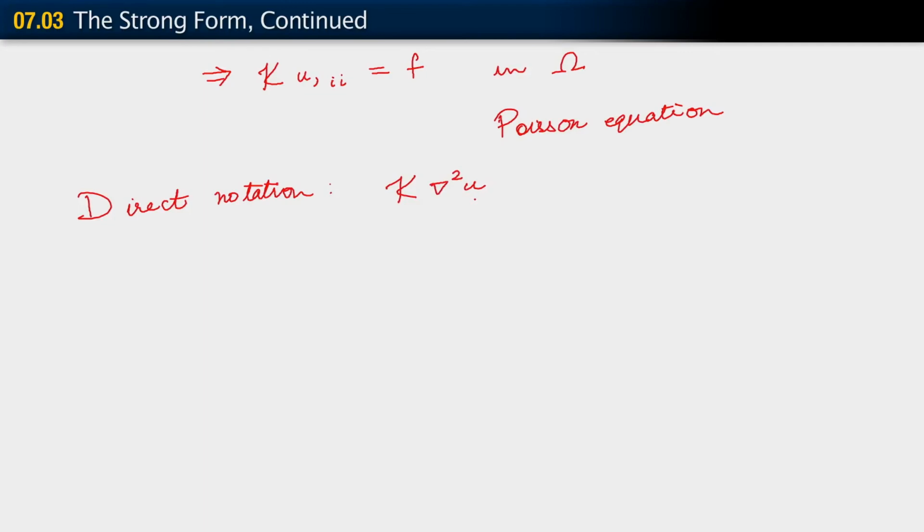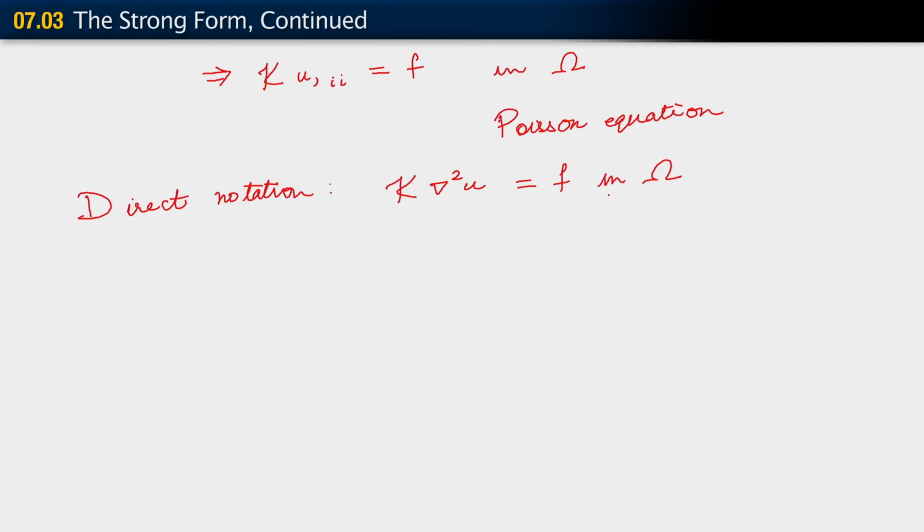But note that I do not have an underbar on the del square, implying that it's not a tensor. This is just the Laplace operator. So del square of u is just the Laplacian. All we've done is write the Laplacian using that operator del square.